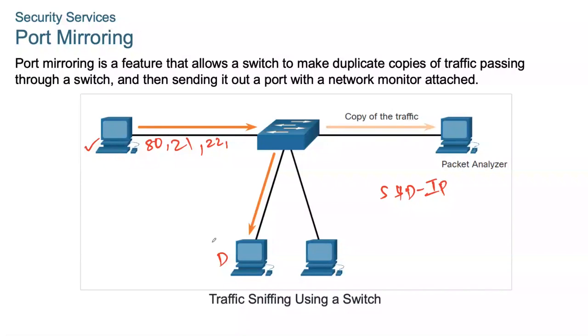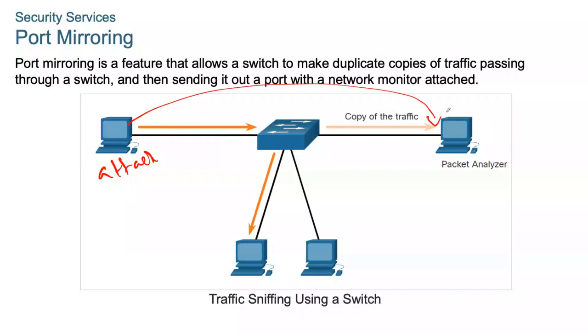Right? So this is another one, and there is an advantage with port mirroring, as well as a disadvantage. If any of the users in this network becomes an attacker, suppose they try to access this packet analyzer, then they will get the entire network information. How many end users are there in that network?